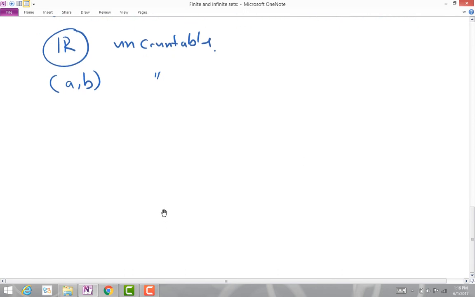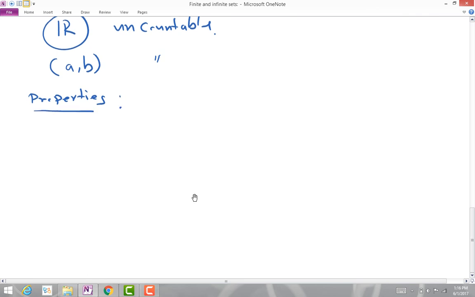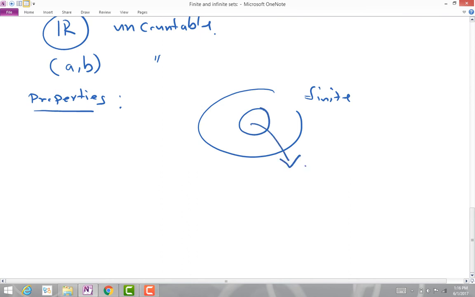So these are some properties. If you have a finite set, and if I take a subset, then this is also obviously going to be finite.